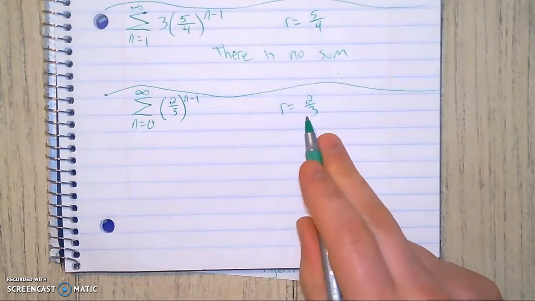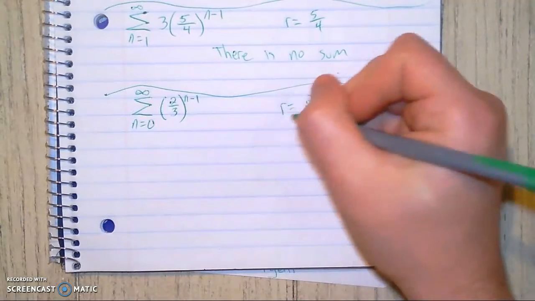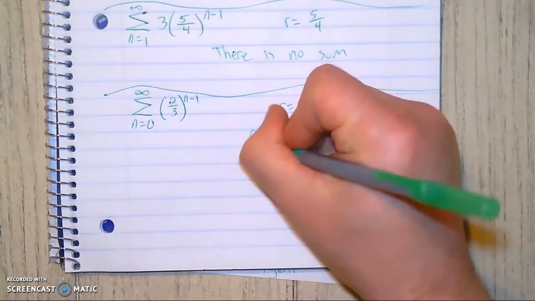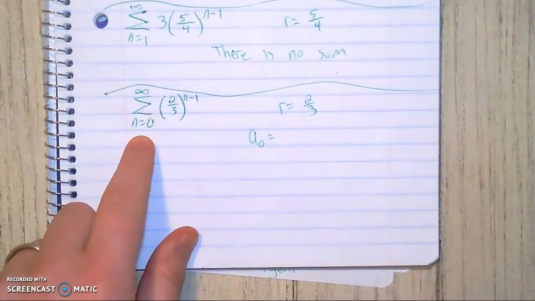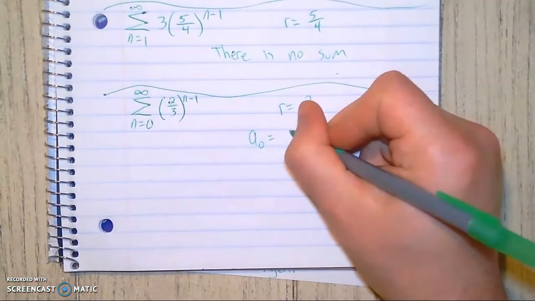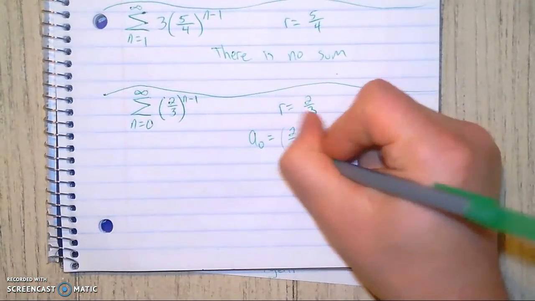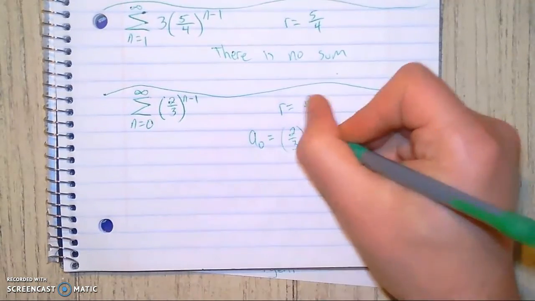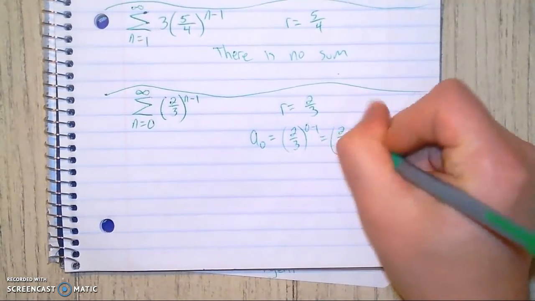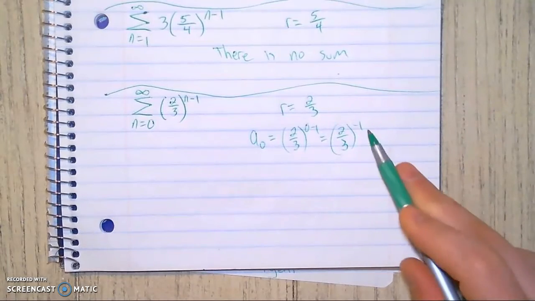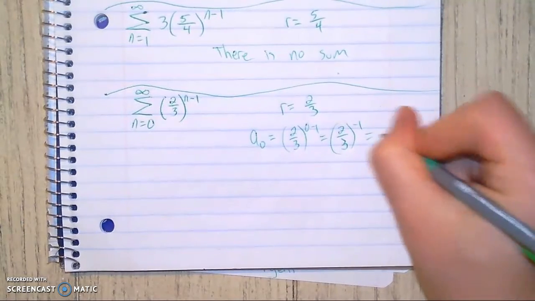And then that tells me that to move forward, I need my first term. Well, again, my first term this time is a sub 0. I'm not using a sub 1 for this because we don't start at n equals 1. So I'm going to do 2/3 to the, and for n minus 1 I put 0 minus 1. Well, that's 2/3 to the negative first, and if you remember negative exponents, they flip fractions.